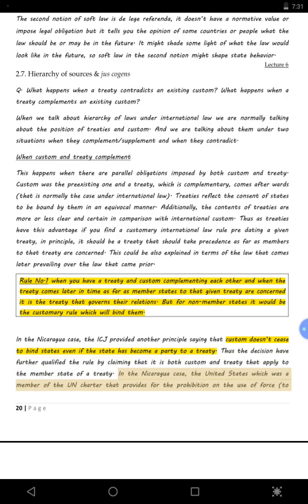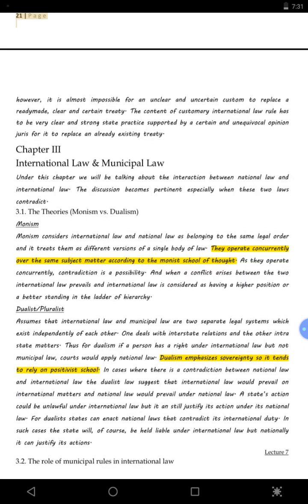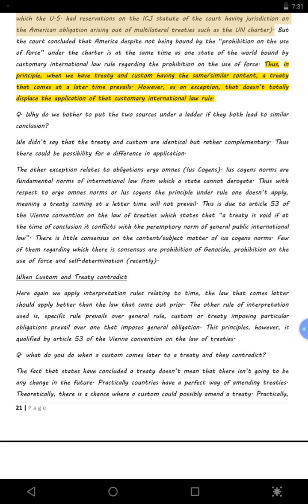In the Nicaragua case, the United States, which was a member of the UN Charter that provides for the prohibition on the use of force, had reservations on the ICJ statute of the court having jurisdiction on the American obligation arising out of multilateral treaties such as the UN Charter.